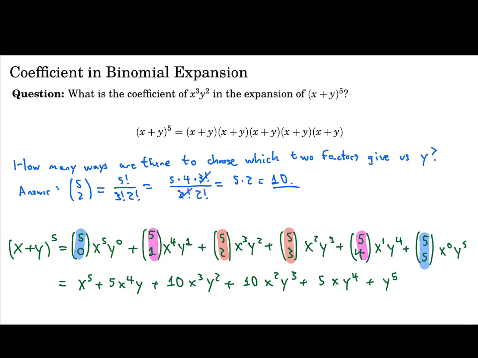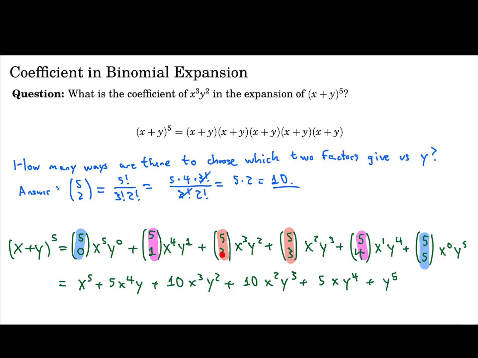And there's a very natural reason for that. If we look here, in how many ways can we choose from the 5 factors 2 y's? But when we're choosing 2 y's, it's the same as choosing 3 x's. So choosing 2 y's or choosing 3 x's from 5 factors is the same thing.